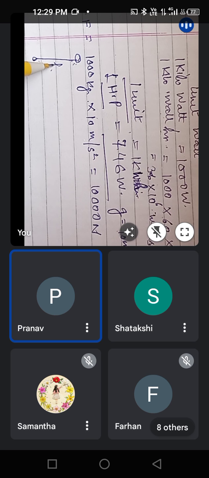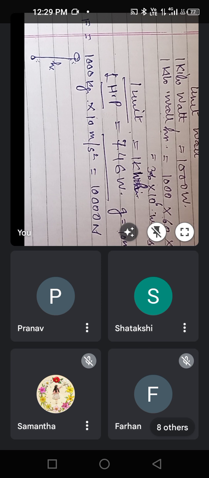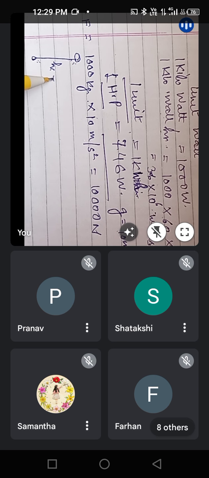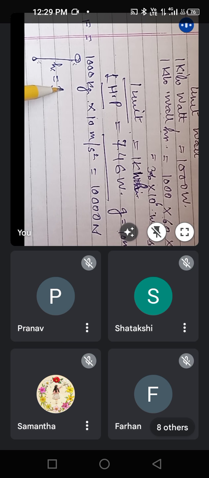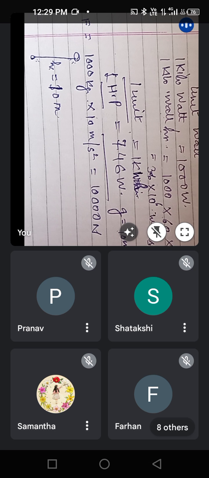Add in the question, where you have written lifts: the pump lifts 1000 kg of water to a height of 10 meters.